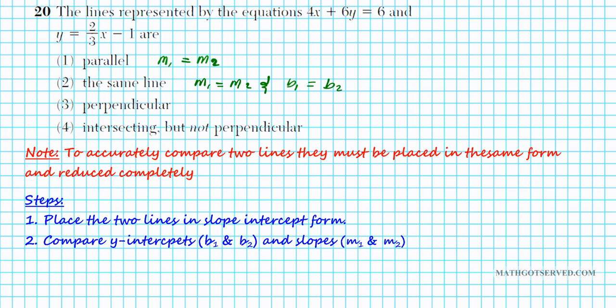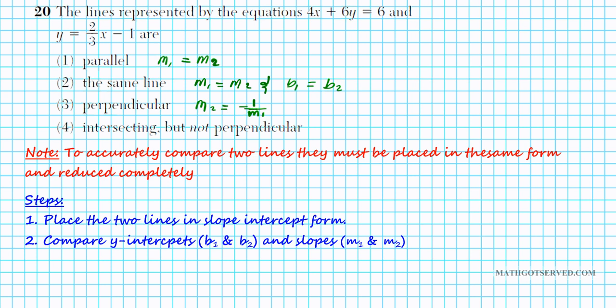They're basically identical. That's what it means for two lines to be the same line, all right? They're perpendicular if M2 is the negative reciprocal or the inverse of M1. Or if you multiply both of them and get negative 1, then they're perpendicular.